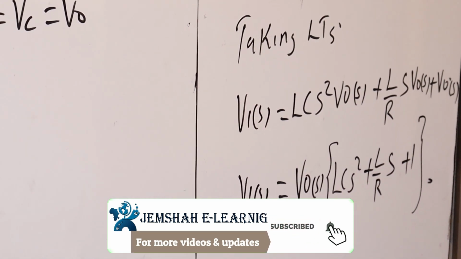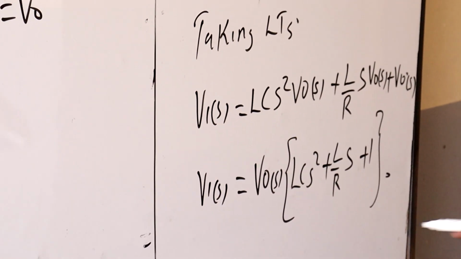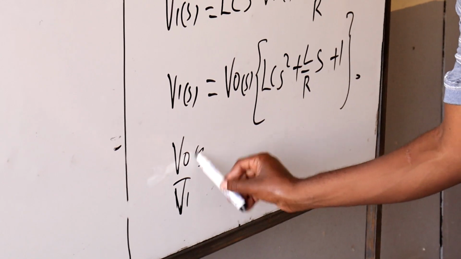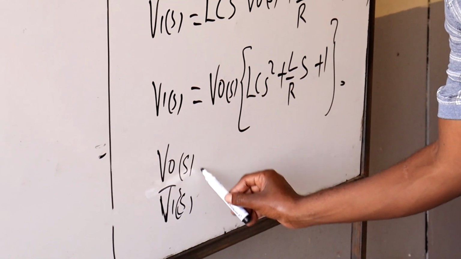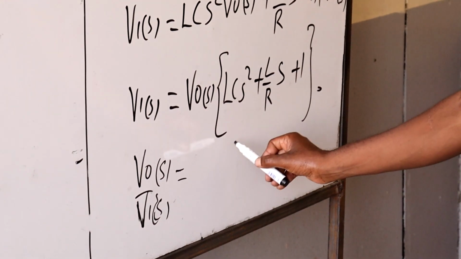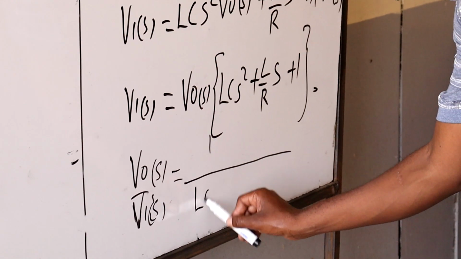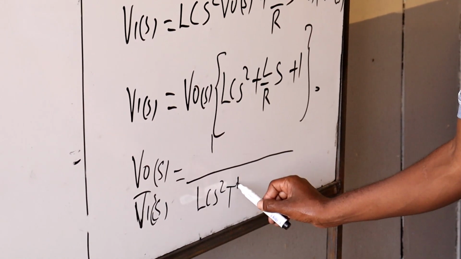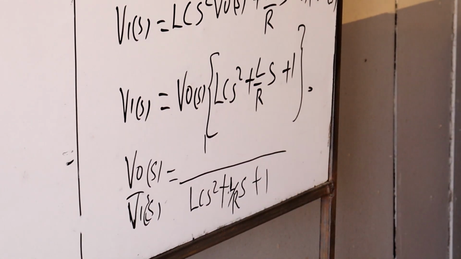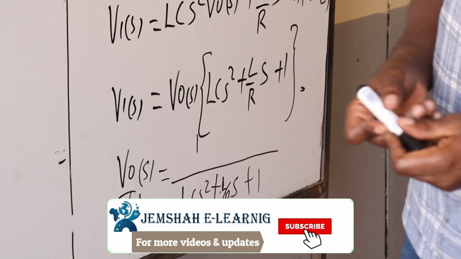Then if we simplify, we are going to have V out over Vi, both in s domain, is 1 all over LCs squared plus L over R s plus 1.